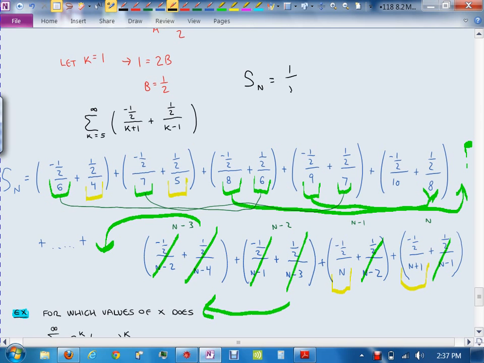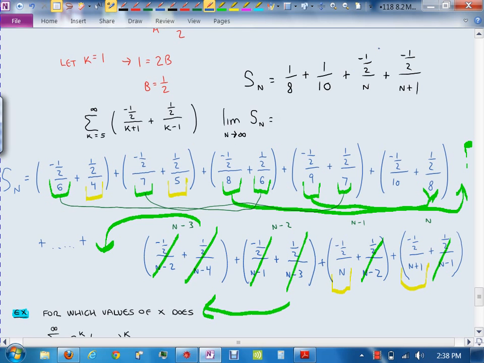So I'm going to put 1/8 plus 1/10 plus this right here, negative 1/2 over n, plus negative 1/2 over n plus 1. Now, that's your nth partial sum, right? Take the limit as n goes to infinity of S sub n.